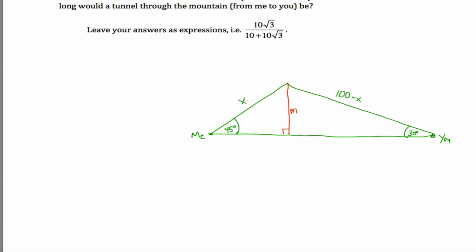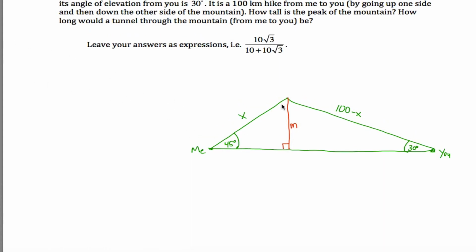So the first thing that I can figure out is looking at this right triangle right here. There's two lengths, this x and this m. And really, I want to know what m is equal to. And since this length m is opposite this 45-degree angle, and the hypotenuse of this right triangle is x, I can use my trig function that relates together opposite and hypotenuse, which is the sine.